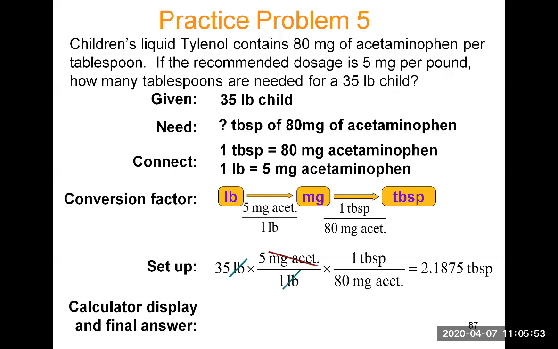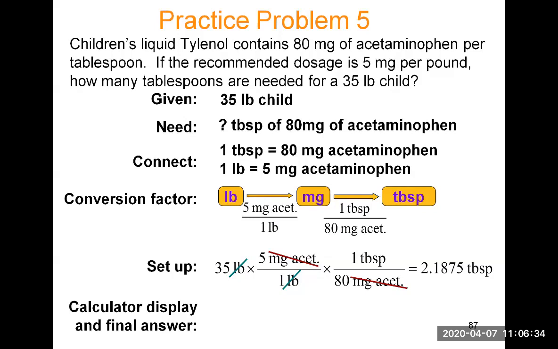If they cancel properly, then we know it's correctly written. Pounds cancel and milligrams of acetaminophen cancel. We're left with tablespoons. In the calculator, you do 35 times 5 divided by 80, right? Remember, 35 is in the numerator, times 5, and divided by 80 because 80 is in the denominator. The calculator answer is 2.1875 tablespoons.